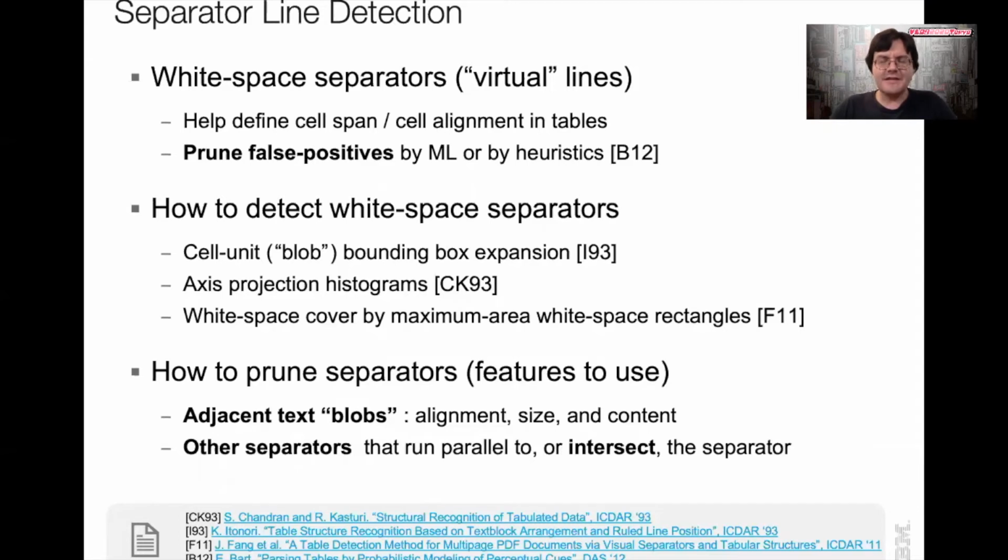Two kinds of features that are important are what kind of text is present on each side of the white space line, and the features of that text, such as alignment and size and some contents of the text, as well as whether one white space line overlaps with other white space lines. Because inside tables, you typically have lines that form a grid.